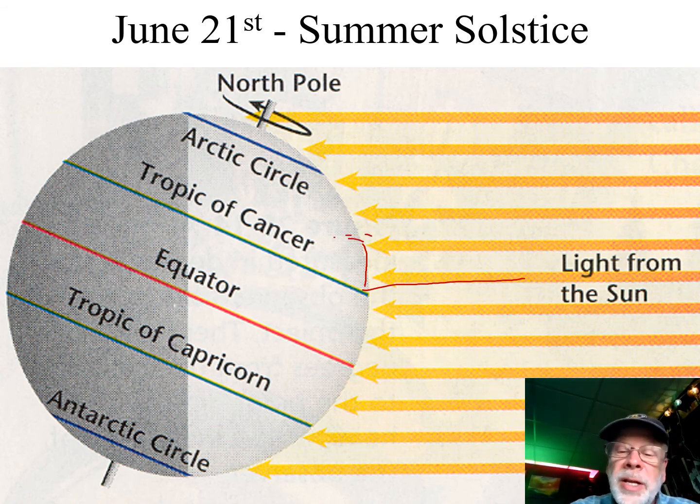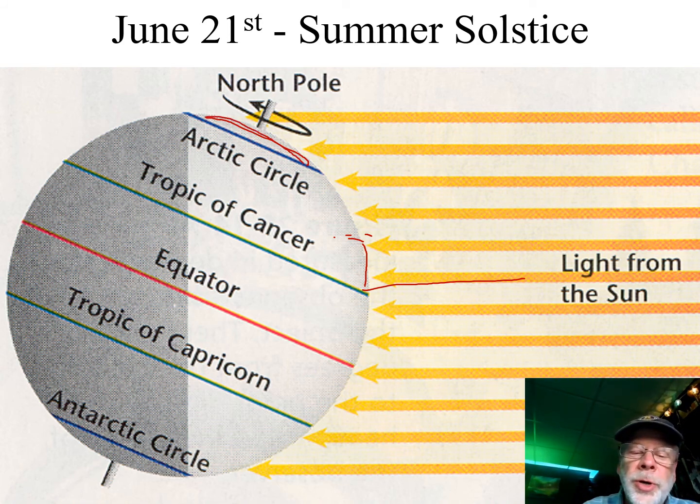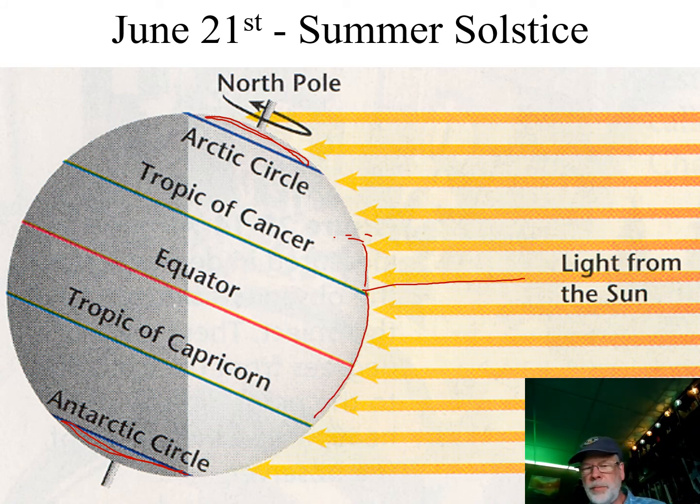So the sun is quite high in our sky. All right, we get a lot of hours of daylight. Look above the Arctic Circle. Everywhere above the Arctic Circle has daylight no matter which way you turn. Look at the Antarctic Circle. Everywhere down there has darkness no matter where you turn. Notice that the sun is quite a distance away from the Tropic of Capricorn.